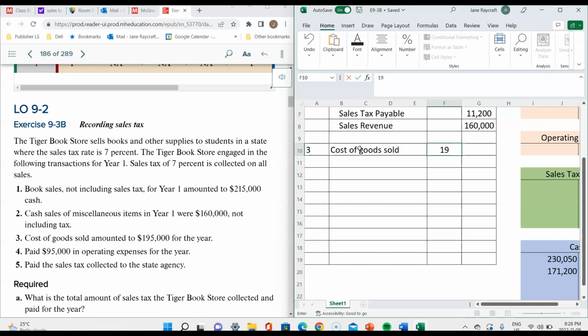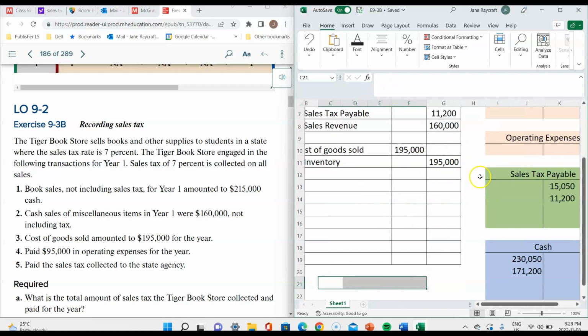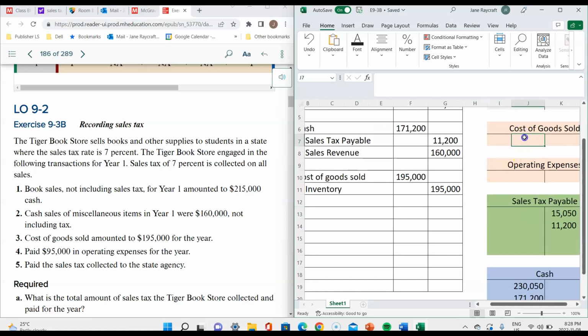So 195,000, and I'm going to be taking that out of an inventory account. So we would just have to assume that we had an inventory account that we subtracted out of with that credit, and my cost of goods sold, there we go.